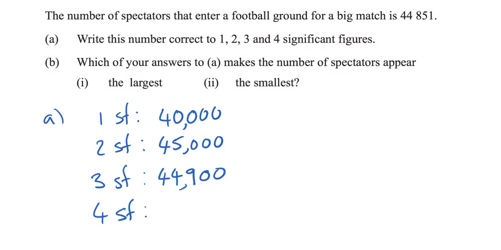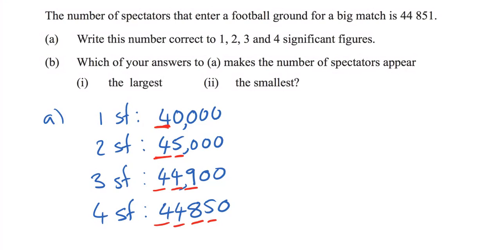To four significant figures, this number will be 44,850, because that 1 is telling us that we're closer to the 50 than the 60. And I want to emphasize this point. There is just one number that is not 0 for one significant figure, 2 numbers for 2, 3 numbers for 3, 4 numbers for 4.